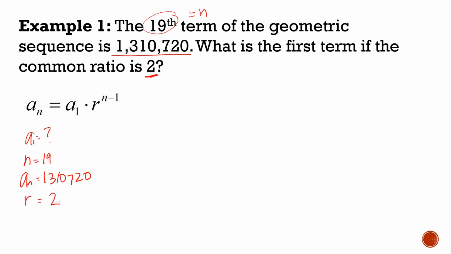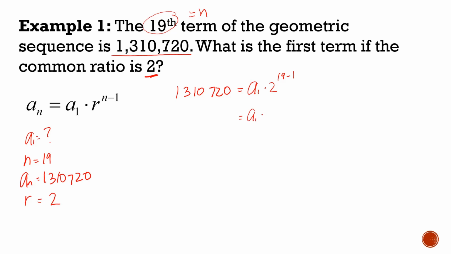Okay. So let's just use the formula. I'm rewriting the formula again, but let's just replace an by this. So 1,310,720 equals a1. Our r is positive 2. And then we have 19 minus 1.